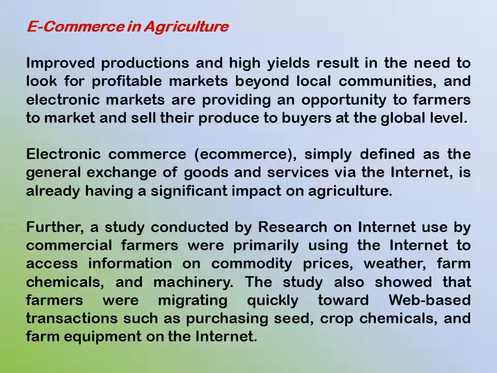Further, a study conducted on internet use by commercial farmers found they were primarily using the internet to access information on commodity prices, weather, farm chemicals, and machinery. The study also showed that farmers were migrating quickly toward web-based transactions such as purchasing seeds, crop chemicals, and farm equipment on the internet. Because now nobody wants to go to the market; take Amazon, one of the good international markets.